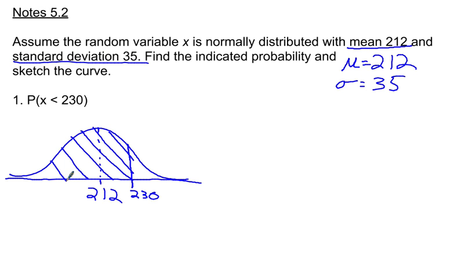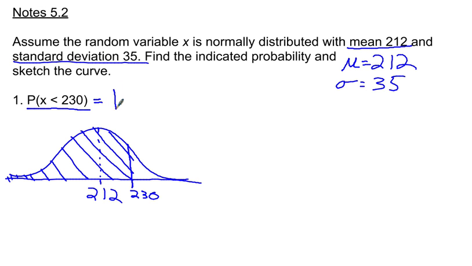So right away from my sketch, this is going to be more than half, so I can expect my answer to be more than 0.5, and if it's not, I should double check my work. Now, next, we go back to using our probability notation that we used in the previous units, right? And as we use that probability notation, we're going to change the values. We're going to standardize them.